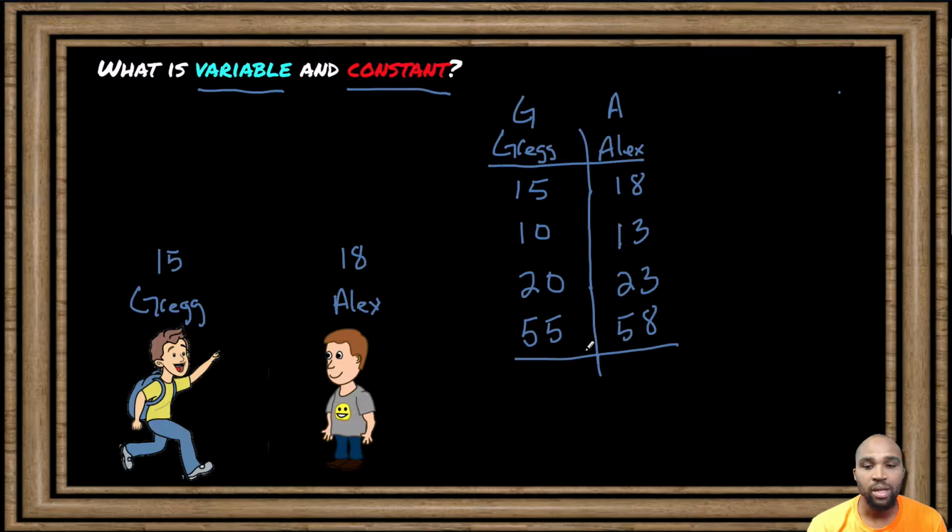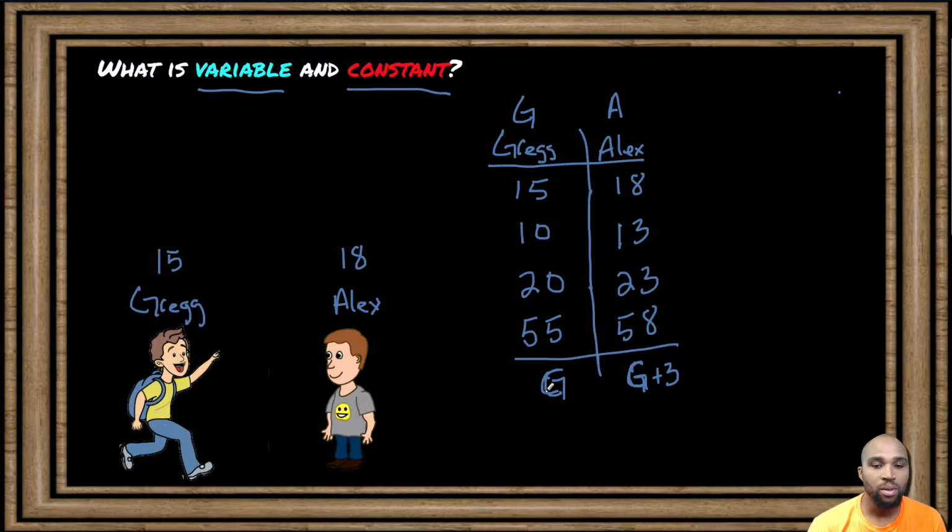So in this instance, Greg can be represented by G, and Alex can be represented by G plus 3. What that's saying is that this is Greg's age, and Alex's age is going to be whatever Greg's age is plus 3 more. So that's the idea behind a constant and a variable.